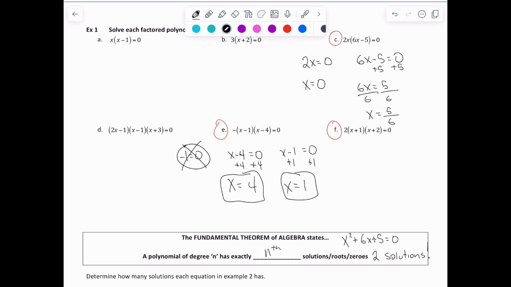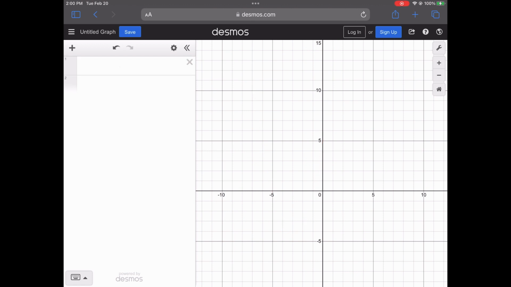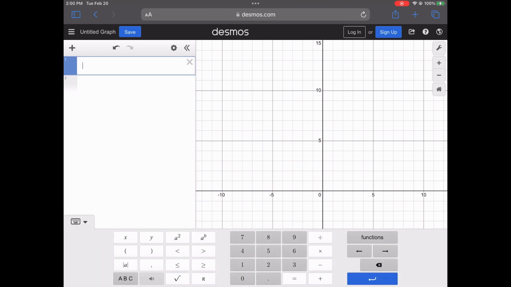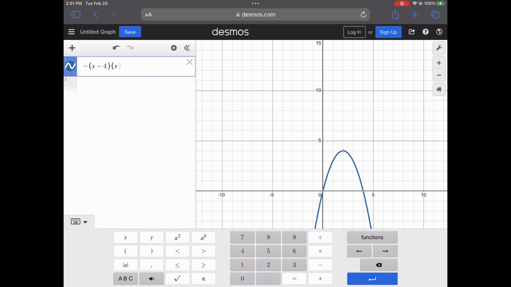Just for fun, since we have a little bit of time, I'm going to plug this into a graphing calculator and show you what this negative sign does to these two binomials, which is a quadratic if I expanded it out. We have negative parentheses x minus 4 close parentheses, times x minus 1.